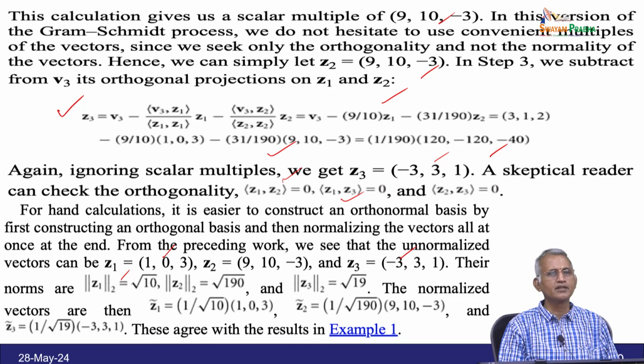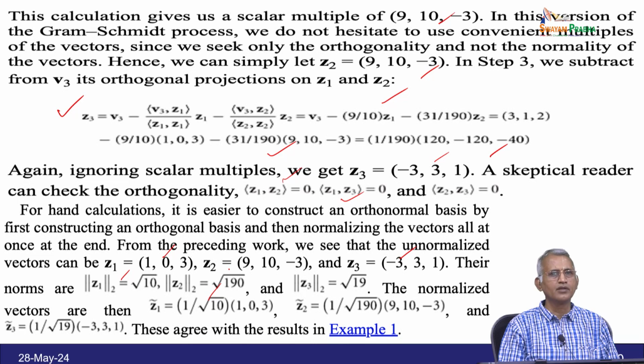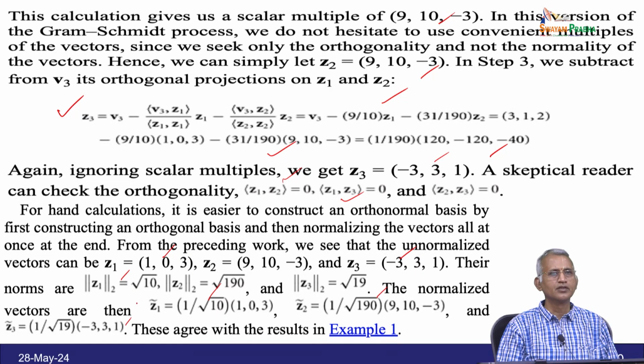So, the normalized vectors are Z1 equal to 1 by root 10 times (1, 0, 3), Z2 equal to 1 by root 190 times (9, 10, minus 3), and Z3 equal to 1 by root 19 times (minus 3, 3, 1). This agrees with the result in the previous example. That is all.